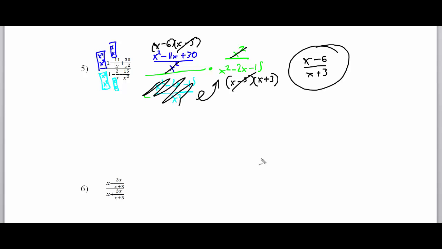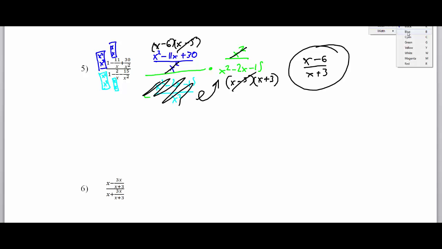Alright, on to my last example here. So let's go and tackle it. On this complex fraction, I have x minus 3x over x plus 3. And I'm going to keep thinking, shouldn't you change your color back?